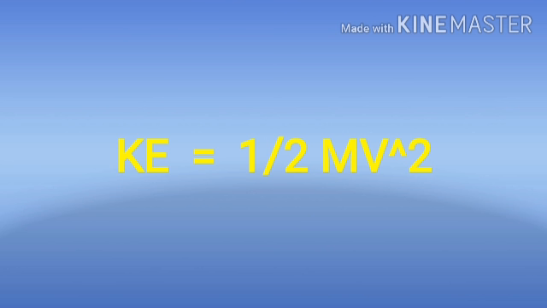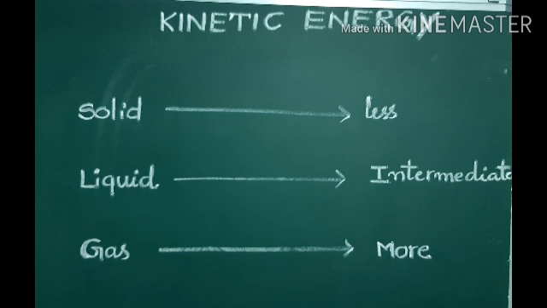The formula is KE equals half mv squared, where m is the mass of the object and v is the velocity of the object. Gaseous particles have more kinetic energy because of having more space. In the case of solids, less.